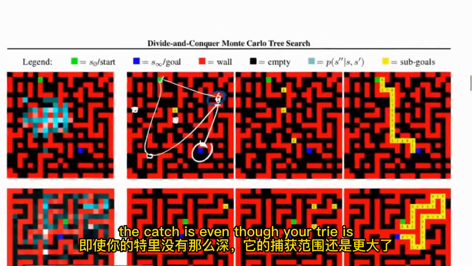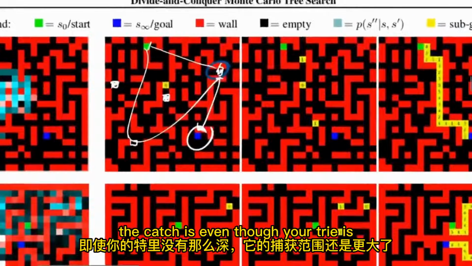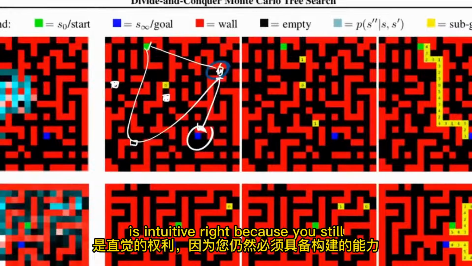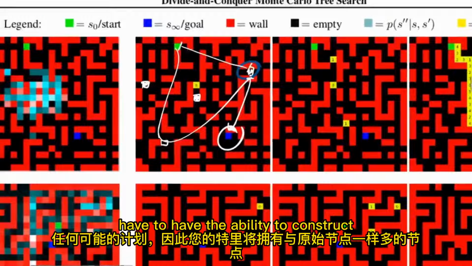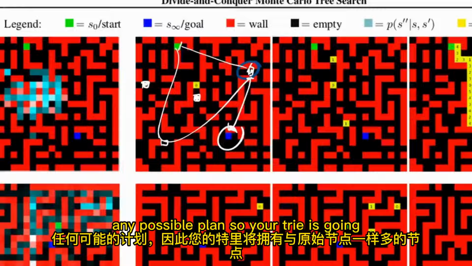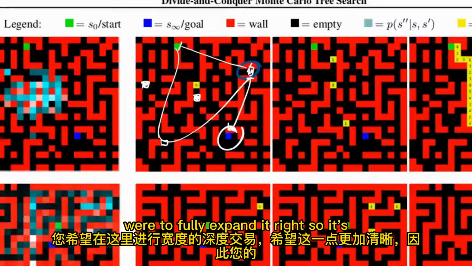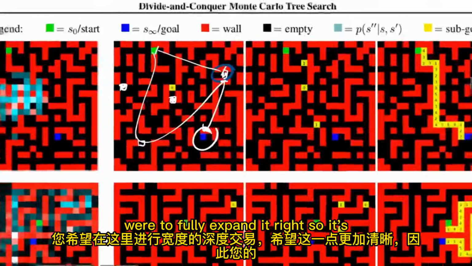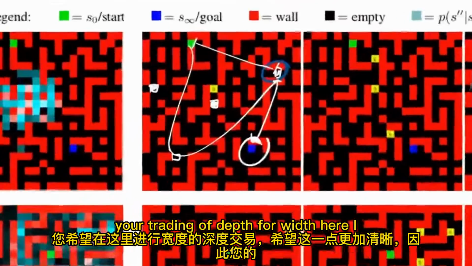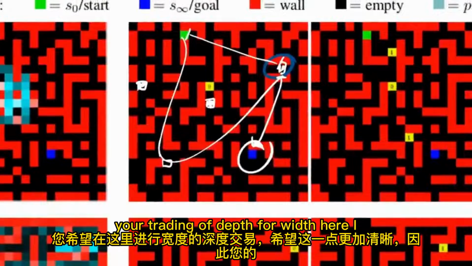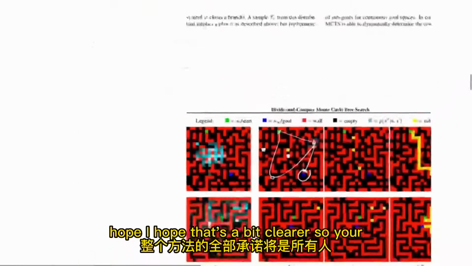The catch is, even though your tree is not as deep, it is much, much wider. And it is intuitive, right? Because you still have to have the ability to construct any possible plan. So your tree is going to have as many nodes as the original Monte Carlo tree search tree, if you were to fully expand it. Right, so you're trading off depth for width here. I hope that's a bit clear.